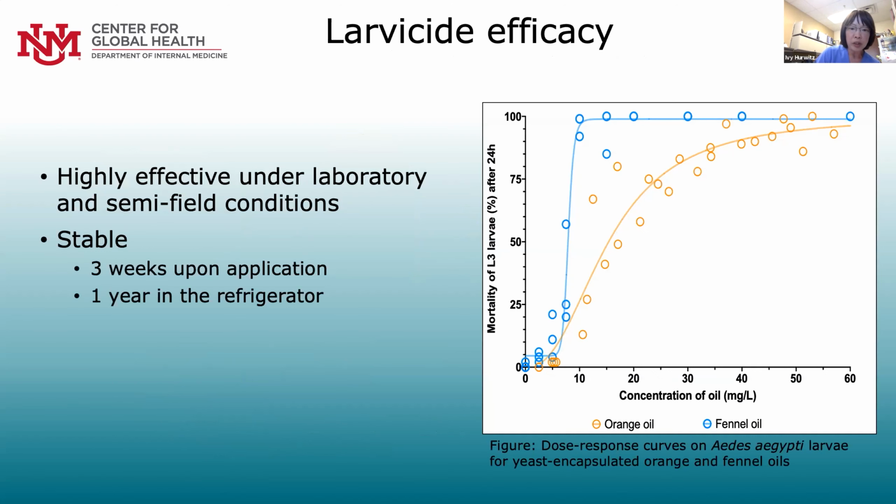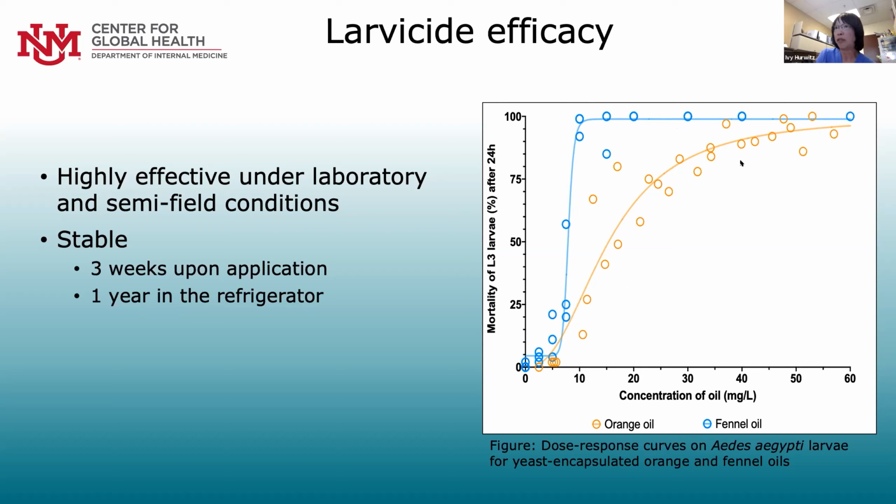So we have demonstrated that two of our encapsulated oils, specifically orange oil and fennel oil, are highly efficacious against the Aedes or tiger mosquito, both under laboratory and in semi-field studies. The plot shown here are dose response curves of Aedes aegypti larvae to either encapsulated fennel oil, shown in blue, or orange oil, shown in orange.